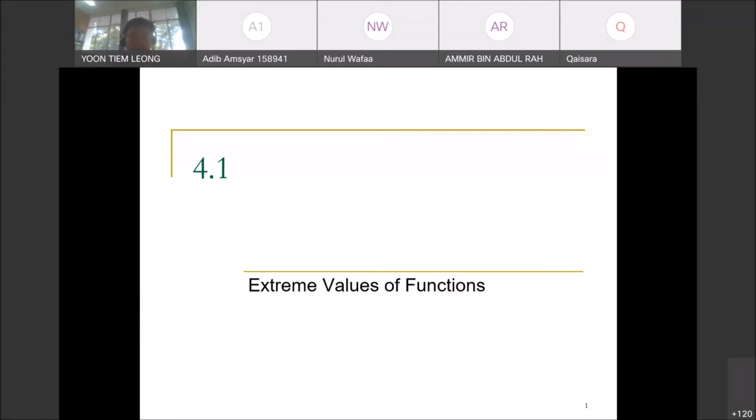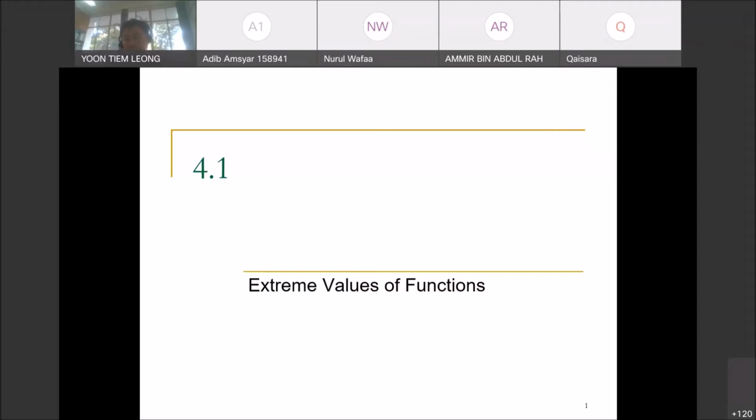So on many occasions, you need to find out what is the largest number in the function and what is the smallest number in the function. It happens very often, and we need to know these numbers. Given a function in its domain, you want to know the largest value of the function within the domain and the smallest value within the domain.